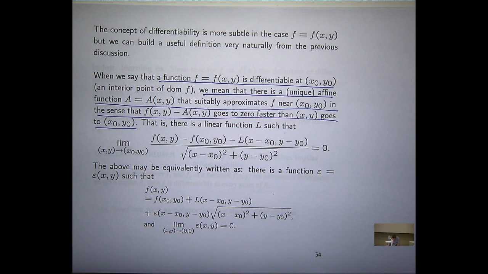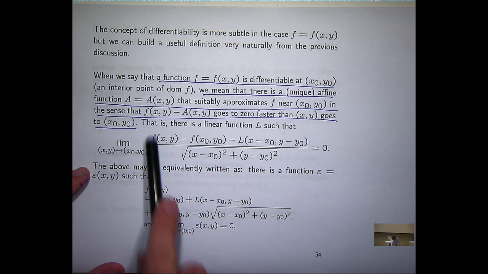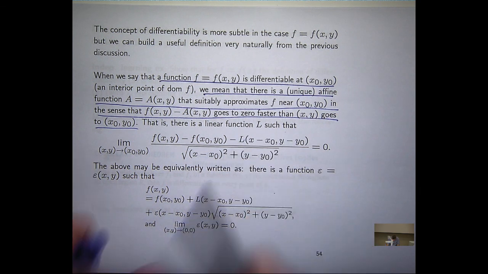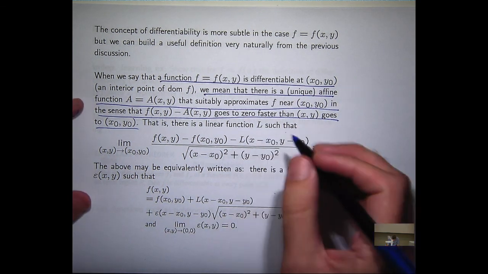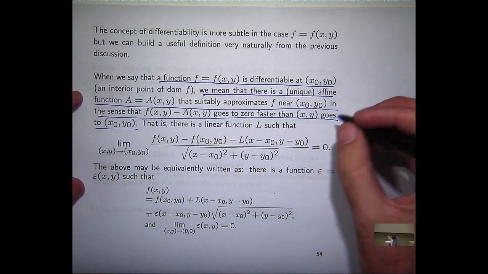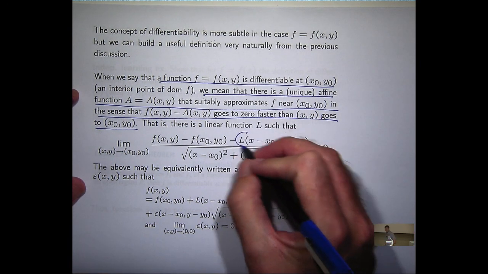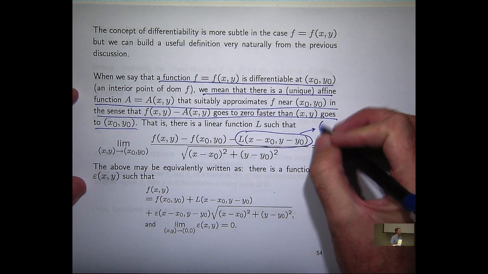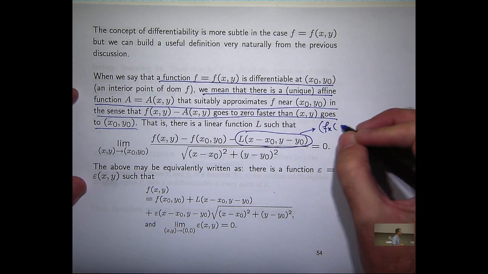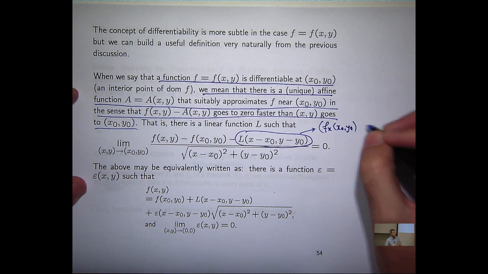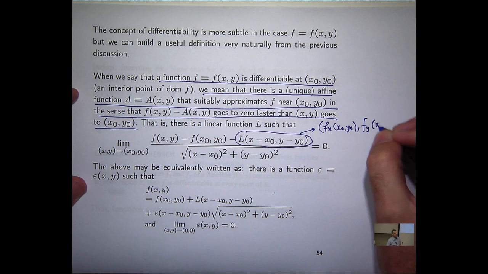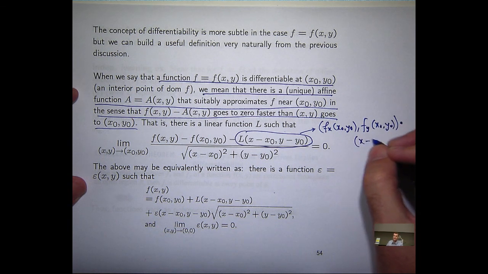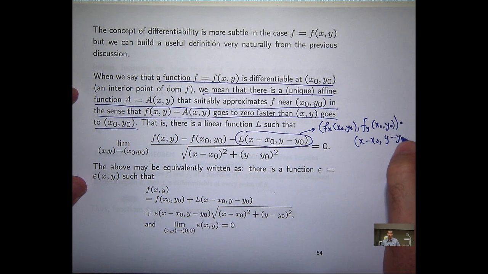But with functions of two variables, you have to be a bit more careful. Okay? So in this case, what's this linear operator L doing here? Well, you can think of this as again being multiplication. It turns out that this is dotted with x minus x naught, y minus y naught.